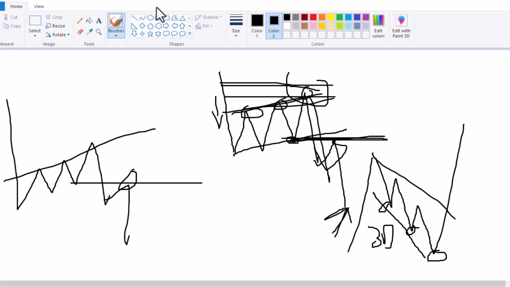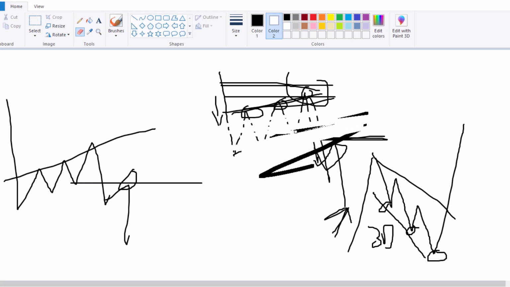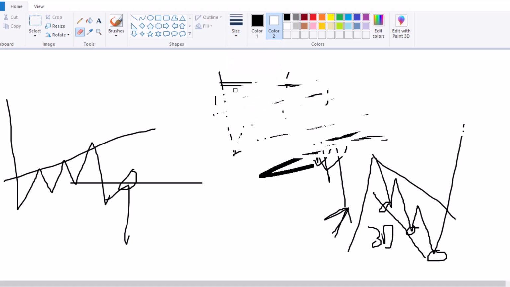Let me show you what we need to be doing. What we want to do is very simple. We want to see price moving in a certain direction aggressively.